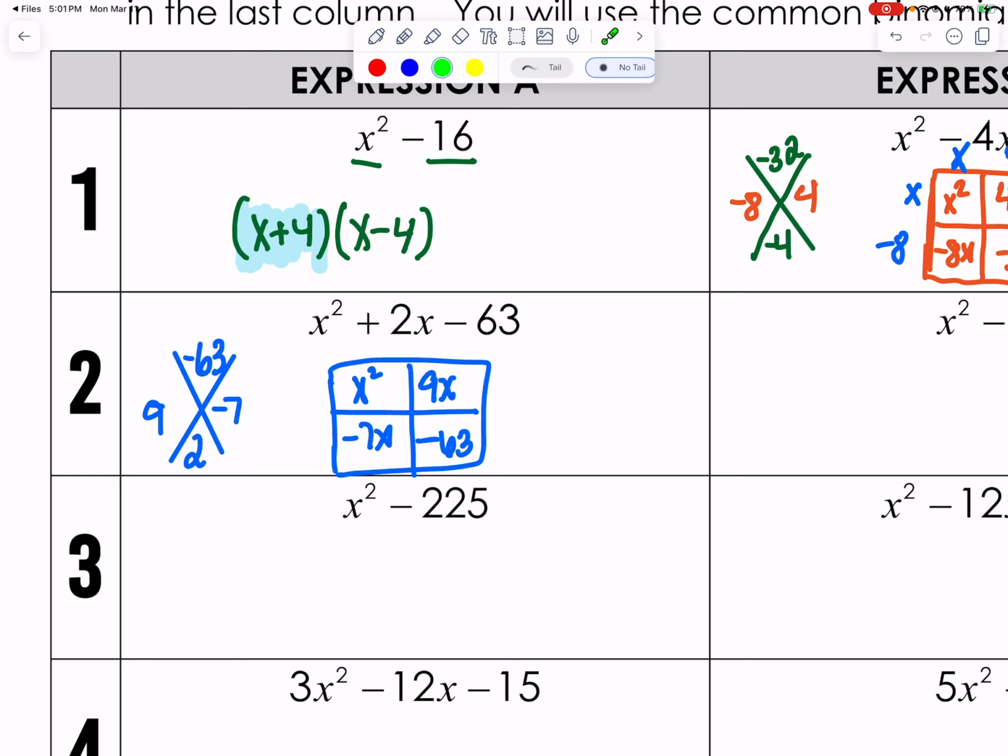The GCF of x squared and negative 7x is x. The GCF of 9x and negative 63 is 9. The GCF of x squared and 9x is x. And the GCF of negative 7x and negative 63 is negative 7, which tells me that I have x plus 9 and x minus 7.